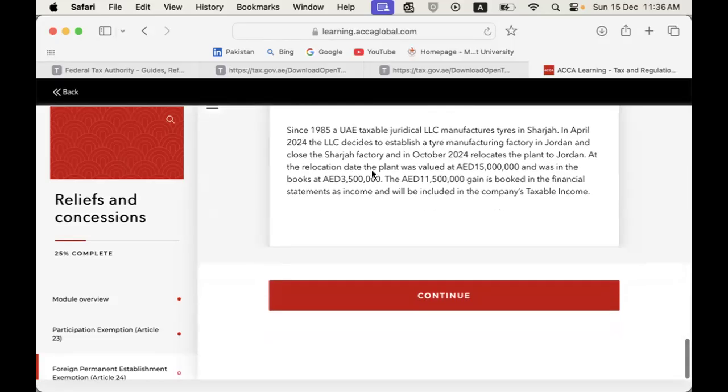At the relocation date, the plant was valued at 15 million dirhams and was in the books at 3.5 million dirhams. The AED 11.5 million gain is booked in the financial statements as income and will be included in the company's taxable income. So that's a very interesting example. Why? Because we have to book it on an arm's length basis.